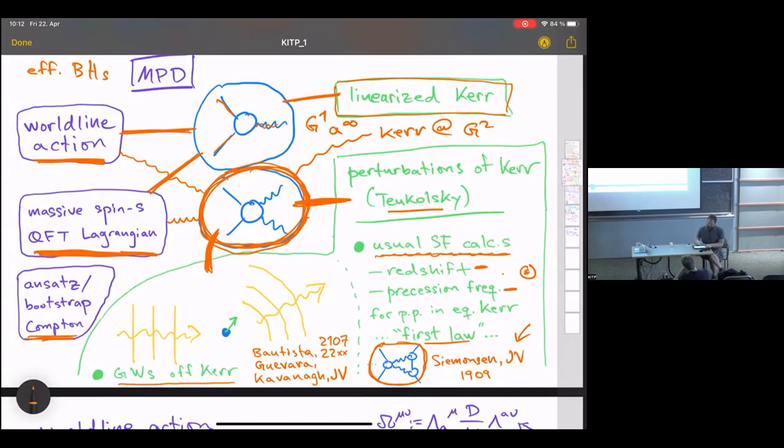So maybe this has something to do with classically scattering gravitational waves off a black hole. And the claim, our claim, so we started looking at this in this paper last August with Fabian, Alfredo, and Chris.